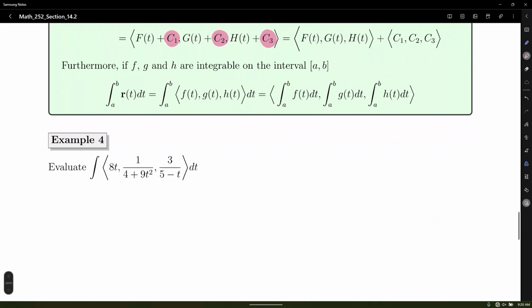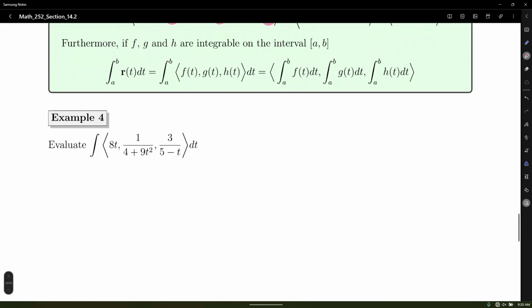So what do we have? Evaluate the integral of this vector valued function: 8t, comma, 1 over 4 plus 9t squared, comma, 3 over 5 minus t. Alright, so the final answer should be one single vector. Could be a big expression or something tiny. Well, we'll see.